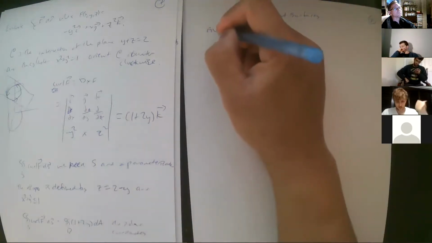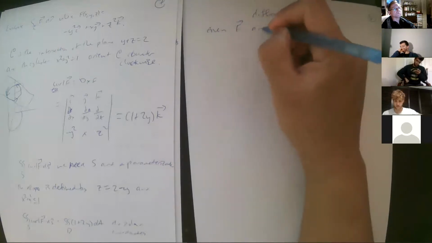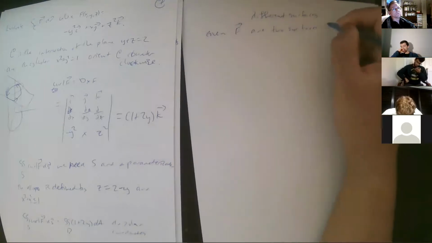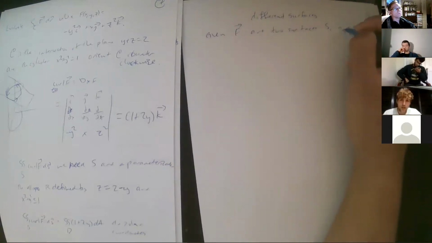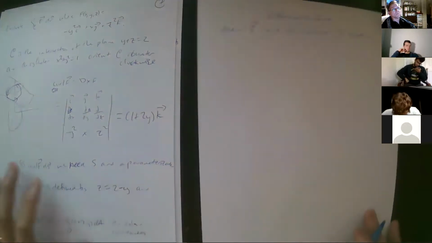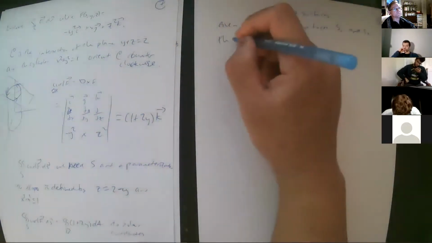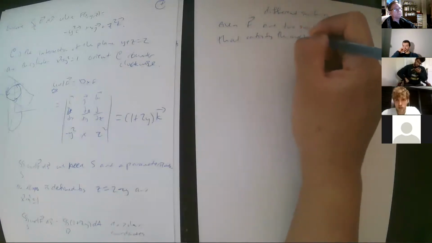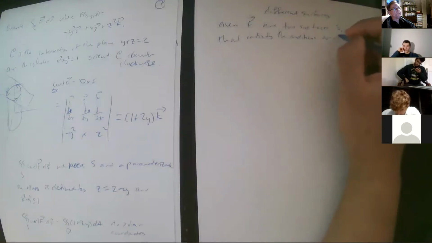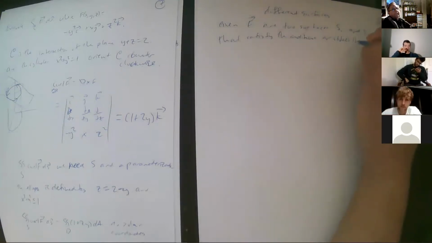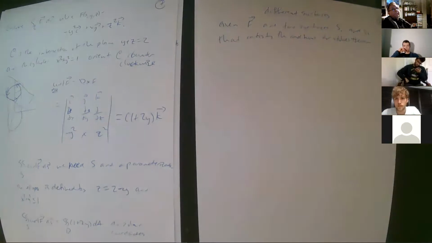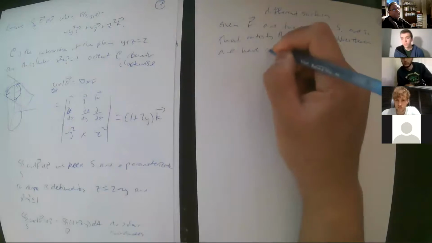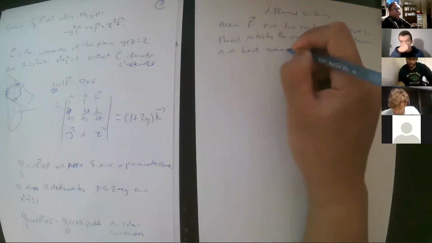So given F and two surfaces, S1 and S2, that satisfy Stokes' theorem, let's say they have a common boundary.